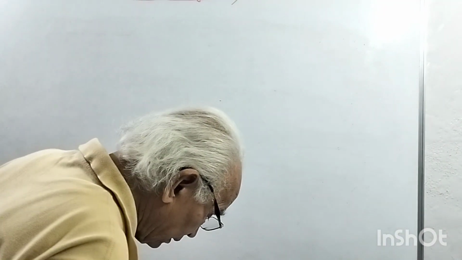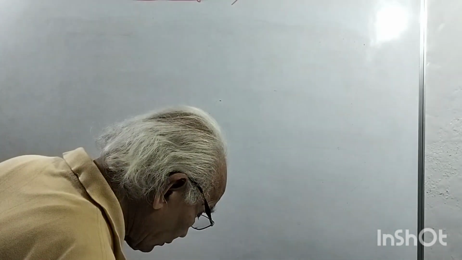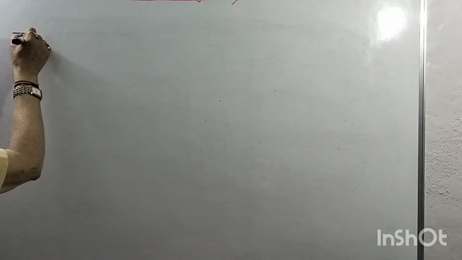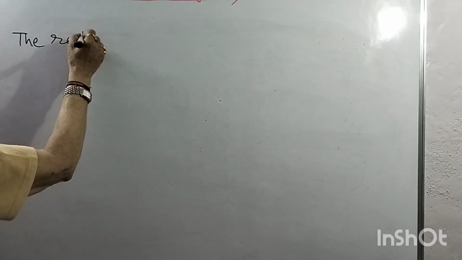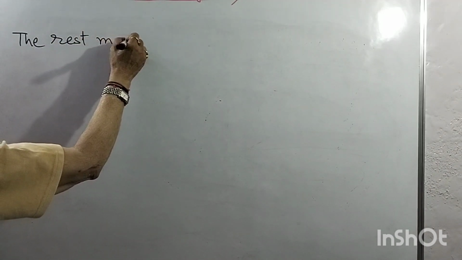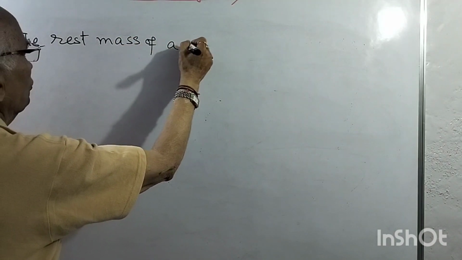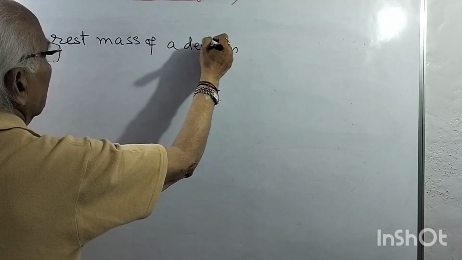Next, maybe some question. The rest mass of a neutron is equivalent to an energy of this. The rest mass of a neutron is equivalent to an energy of how much? 1876 MeV. That of a proton, 939 MeV. That of a proton, 930 MeV, and that of a neutron, 940 MeV.